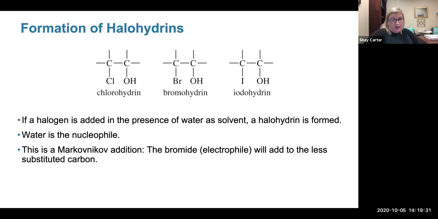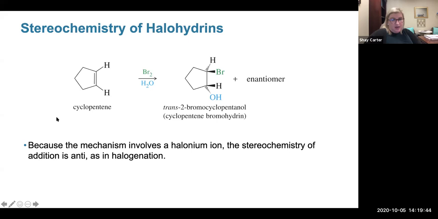So in other words, the halogen is our hydrogen, okay? Because the water is our nucleophile. This also adds with anti-stereochemistry. So we add the OH group to one face of the ring and the halogen to the other face of the ring.